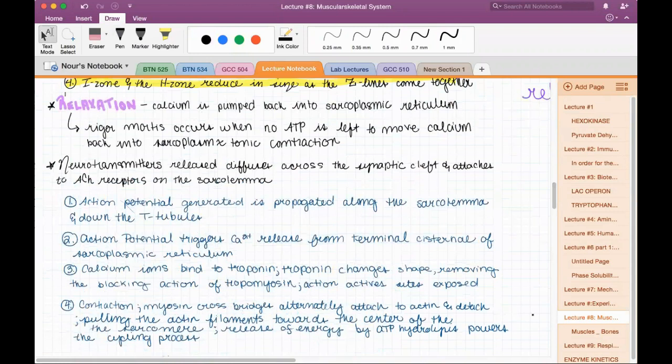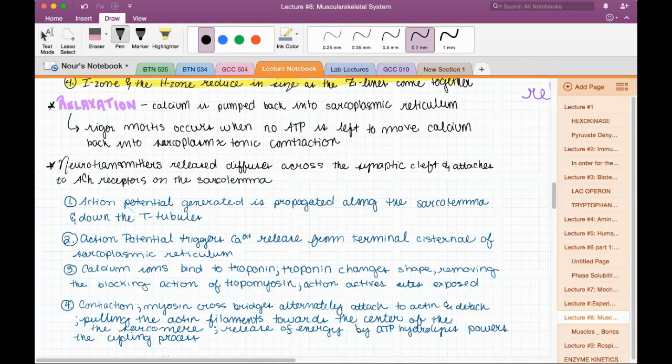Neurotransmitters are released to diffuse across the synaptic cleft and attach to the acetylcholine receptors on the sarcolemma. This basically repeats what I was saying. The action potential generated is propagated along the sarcolemma and down the T-tubules. The action potential triggers calcium release from the terminal cisternae of the sarcoplasmic reticulum.